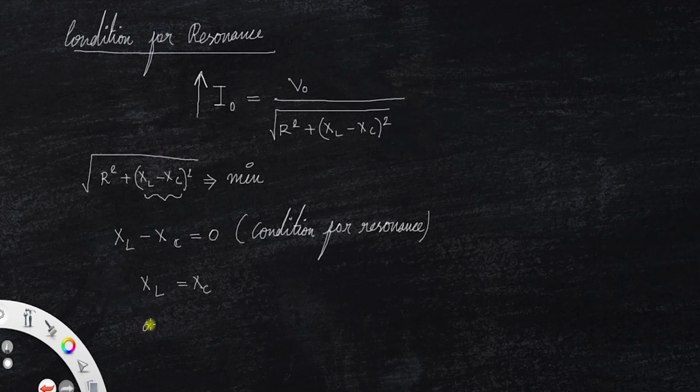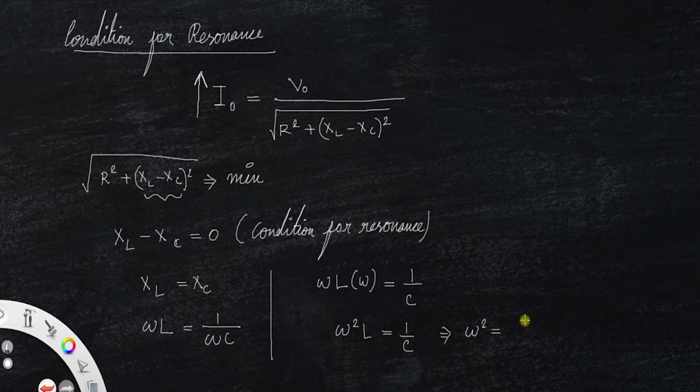You can write XL equal to omega L, where omega is the angular frequency and L is the inductance, which is equal to XC, which is 1 by omega C. So omega L into omega is equal to 1 by C. Omega into omega is omega square, so omega square L equals 1 by C, or omega square is equal to 1 by LC, which gives omega is equal to 1 by root of LC. So this is the angular frequency of resonance.